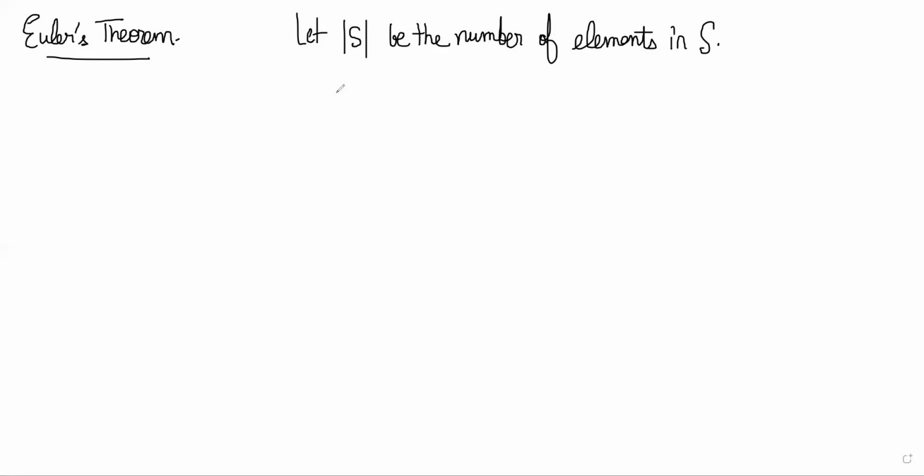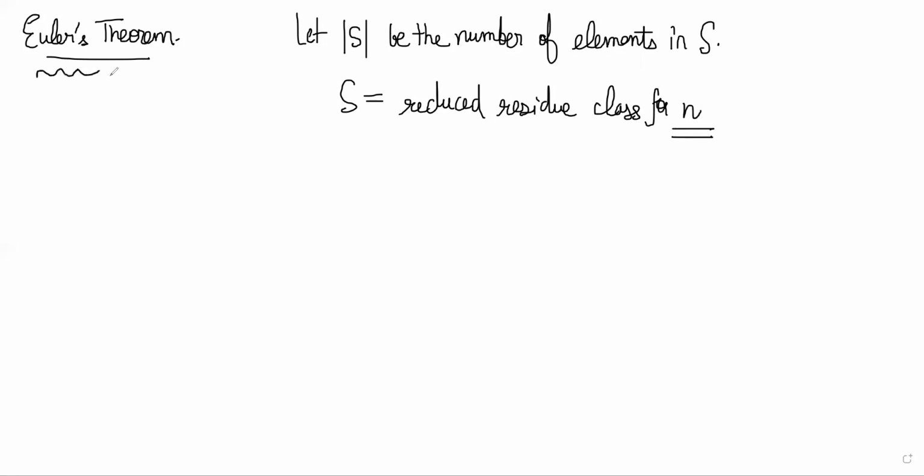S is the reduced residue class for N. Notice that we are using N, not P. Euler's theorem is applicable for N, not only for a prime number. The S set is basically 1, 2, 3 till n minus 1.